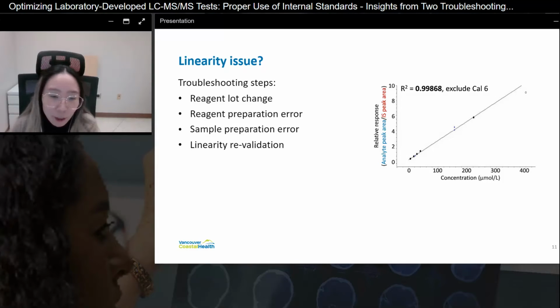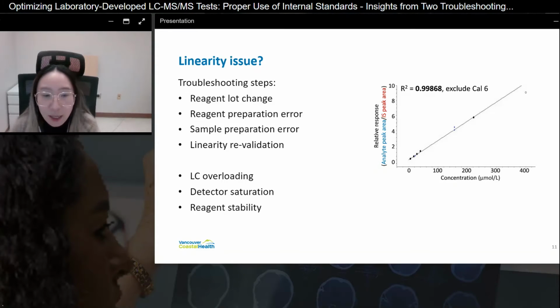But we wanted to figure out what's actually going on. Then next, we ruled out LC overloading or mass spec detector saturation. Lastly, we also considered reagent stability, as the stability of 5-HIAA can vary with different pH and temperature. And this seems worth investigating further.